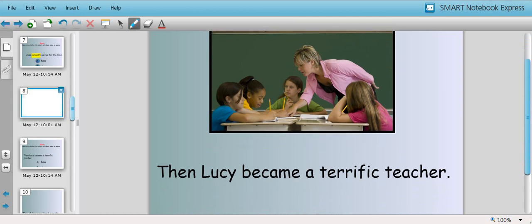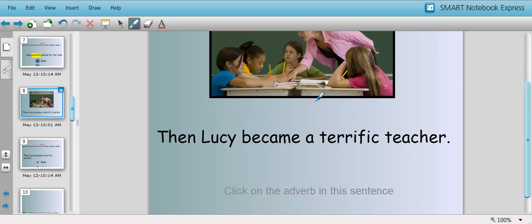Then Lucy became a terrific teacher. So first we need to go and find our verb, which is became. Okay, so now that we've identified our verb, we need to find the word that modifies our verb. So, then Lucy became a terrific teacher. Possibly Lucy, does that tell us how, when, or where?